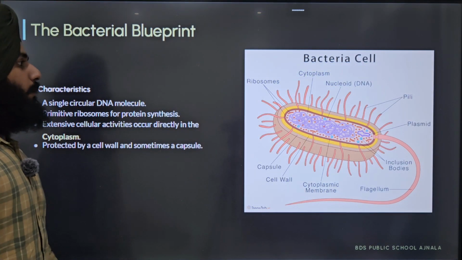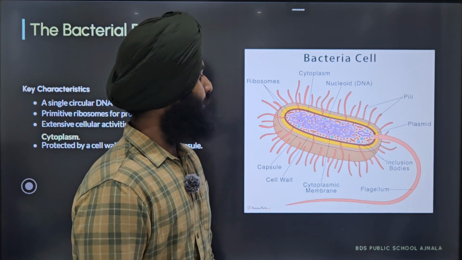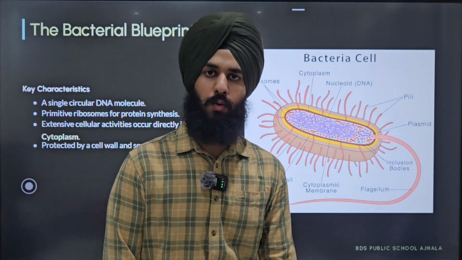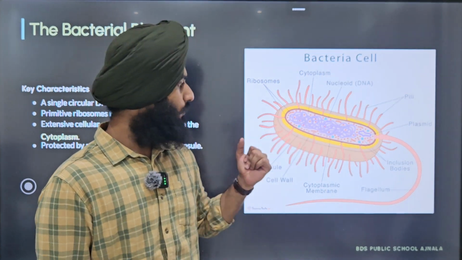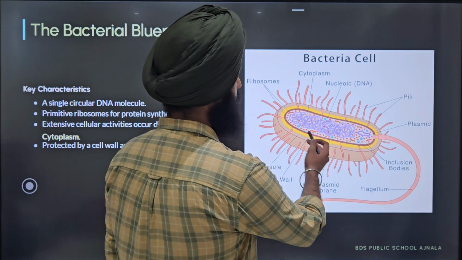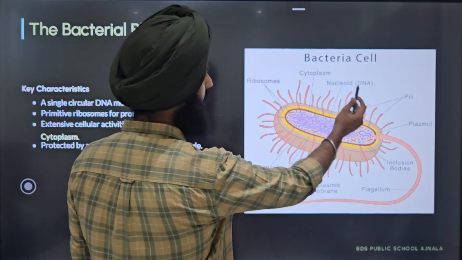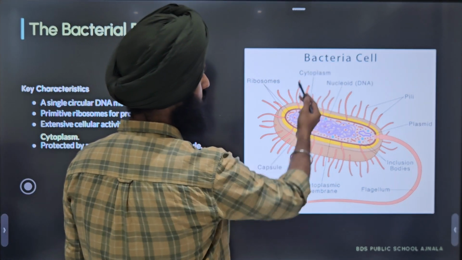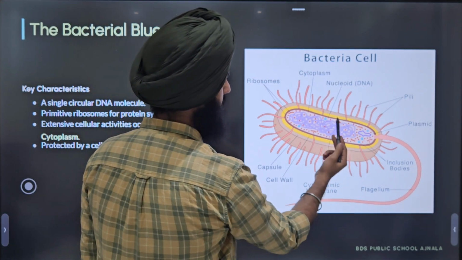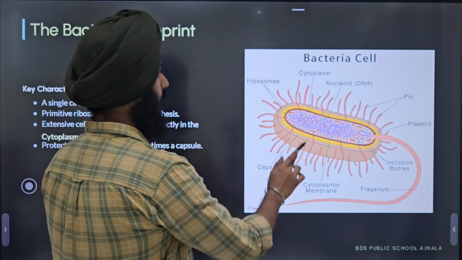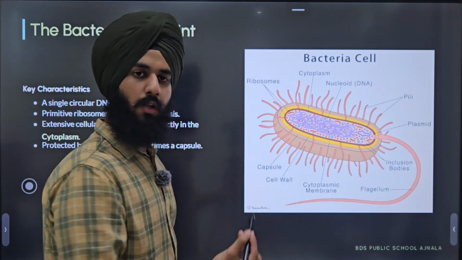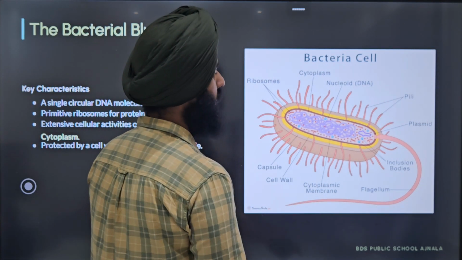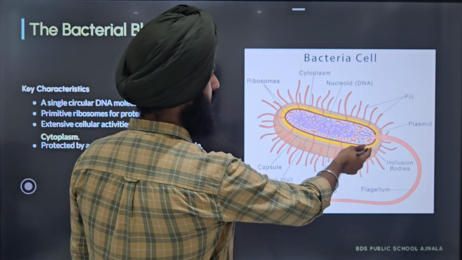To look at a prokaryotic cell, we can look at a bacteria. You can see in this cell there is no clear nucleus because this is a prokaryotic cell. The DNA, the genetic material of the cell, is found within the cytoplasm of the cell itself. And other little organelles of the cell, like ribosomes, which are responsible for protein synthesis, are also found within this cytoplasm.